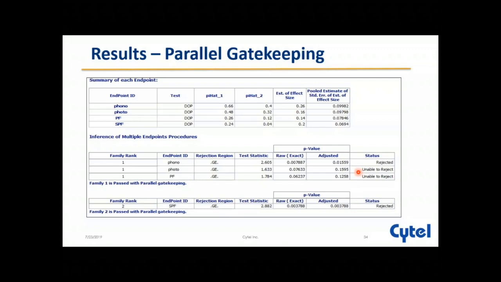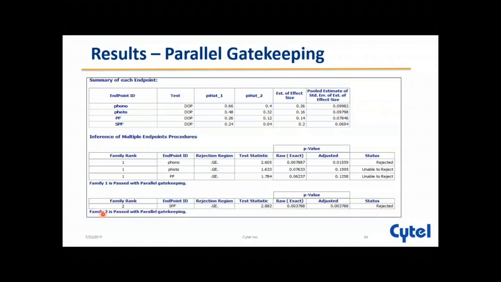But in parallel gatekeeping, we say even if one of them is rejected, so at least one endpoint is showing a significant difference, then we'll go to the next family. So here it says family 1 is passed with parallel gatekeeping, and in family 2, only one endpoint, SPF, is considered, and the adjusted p-value is showing significance, so the status is rejected.